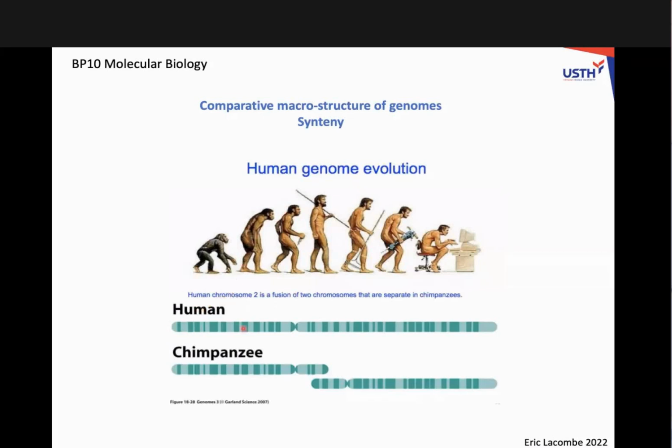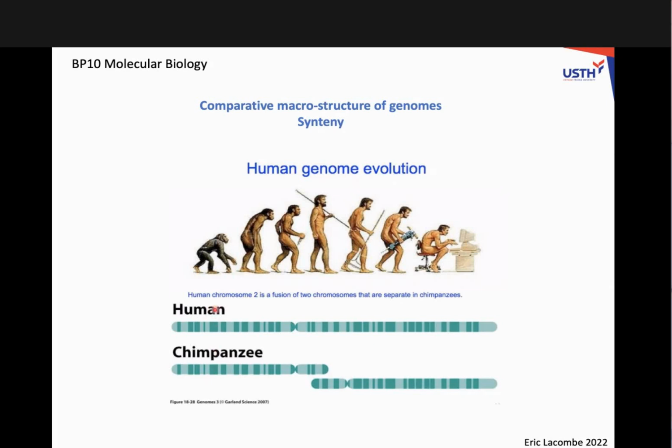And if we look in depth at the sequence of chromosomes between different related species, in this example, that's chromosome number 2. A schematic view of chromosome number 2 coming from human, and the same data, which means the same coding sequence, the macro structure of the same loci in the chimpanzee.